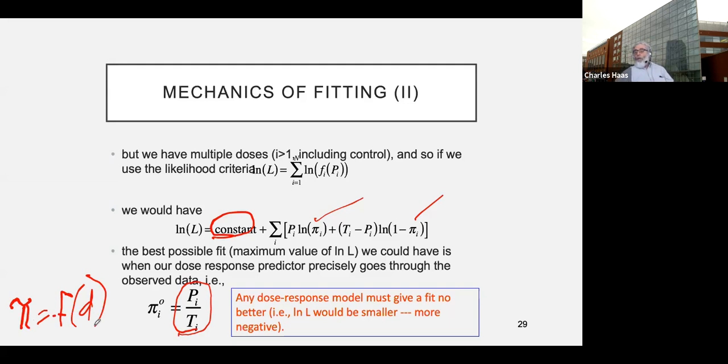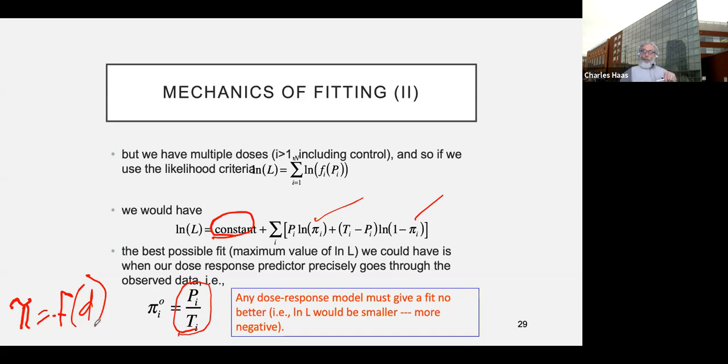You know, think about an ordinary regression problem. The best possible regression you can have is if your regression fits perfectly through all the observed values. But if you force a functional form, let's say a straight line, it can do no better than that in terms of correlation.